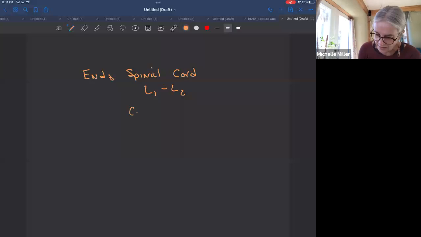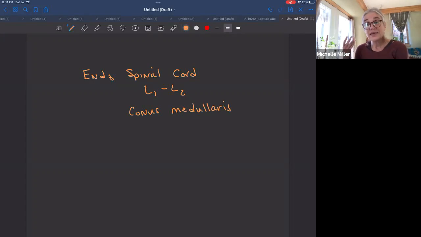It is called the conus medullaris because it's cone shaped. So let me spell that right. Now, coming off of the conus medullaris, we have spinal nerves, and they have a very cool name: the cauda equina.